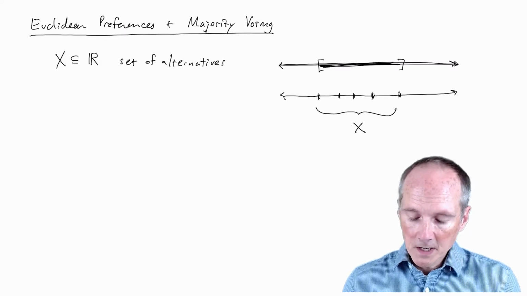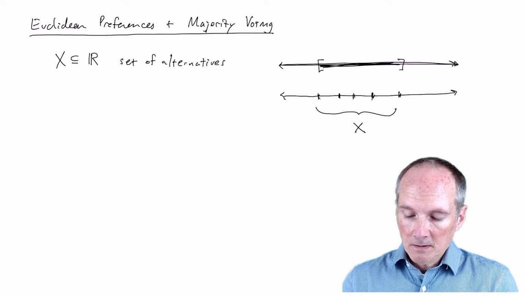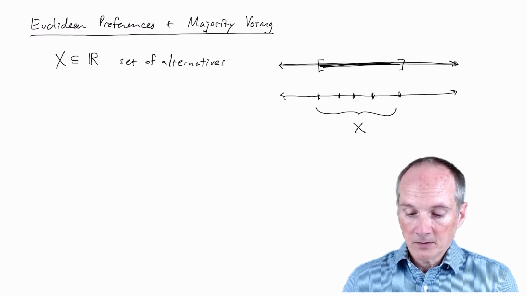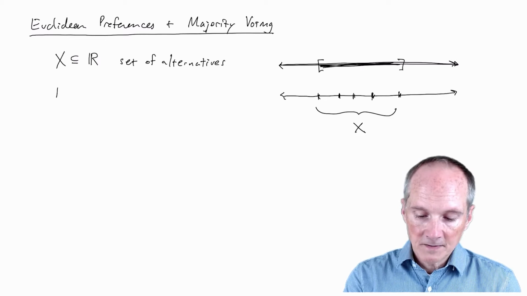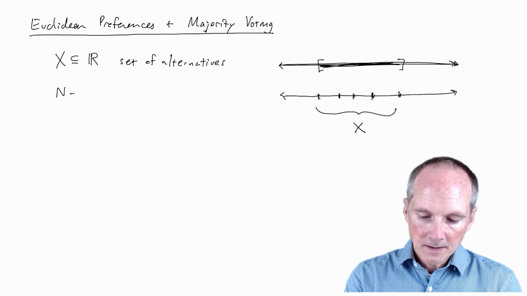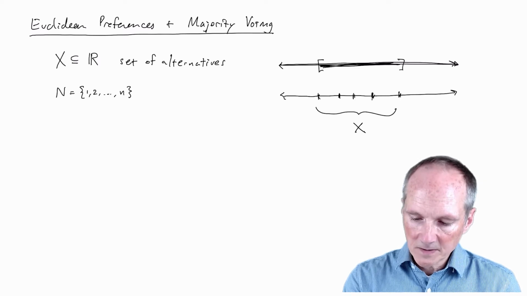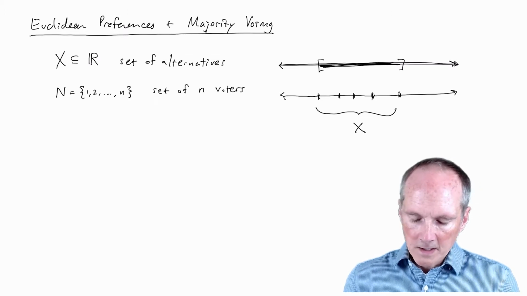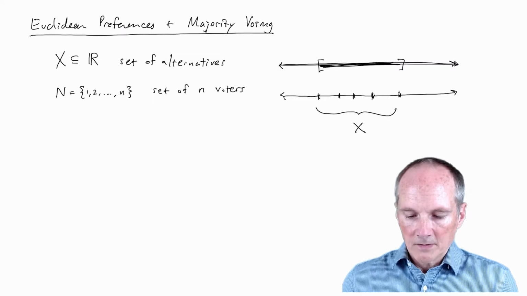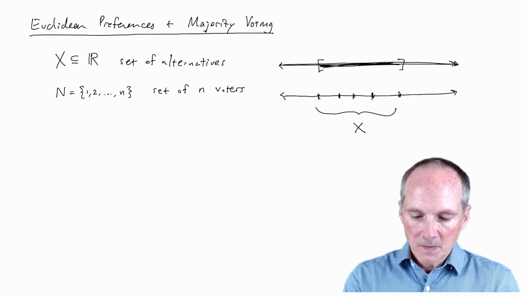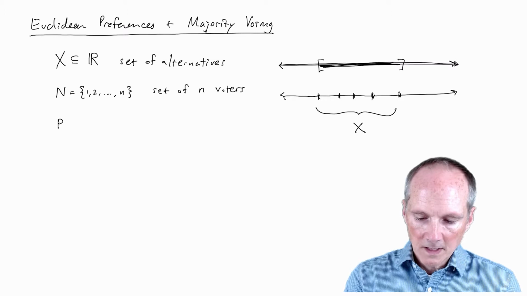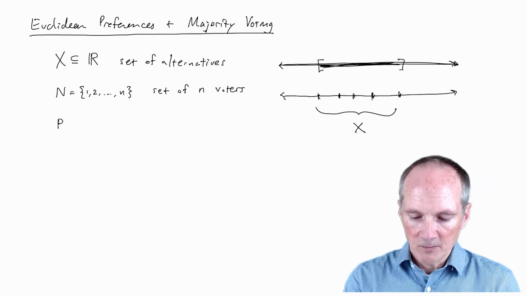All right, so in the rational choice framework, we have a decision maker, or in this case, we have a set of decision makers. We'll assume that there are n, lowercase n, decision makers or voters. Let me just use that term. And of course, we assume every voter has preferences over alternatives that are represented by a weak order.